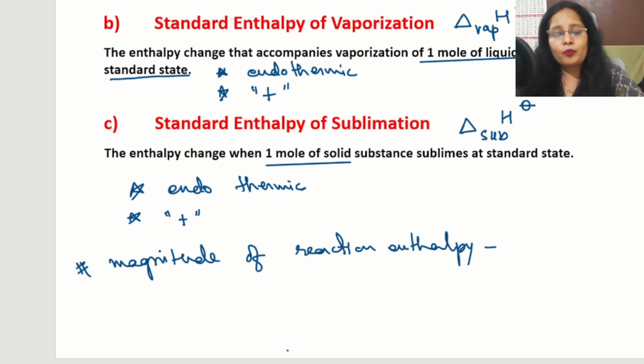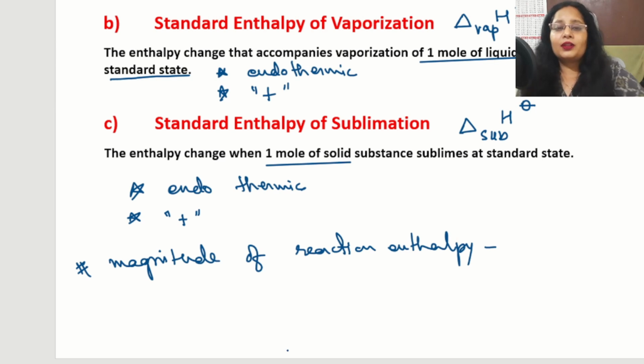What are the key points? The key point is, when there is a phase transformation, it means between the particles there is strong intermolecular force. So the stronger the force between the particles, the bigger the magnitude of the reaction enthalpy.